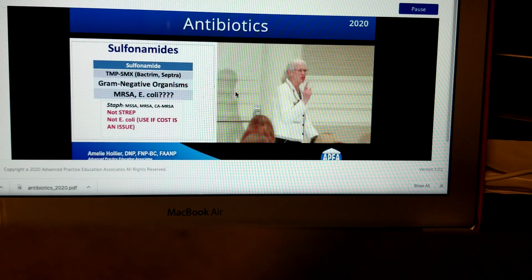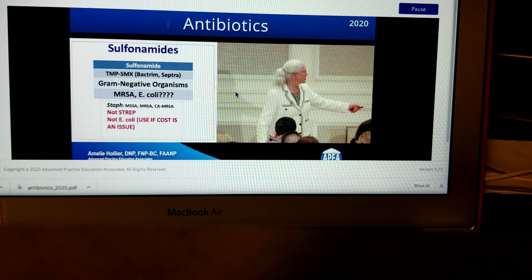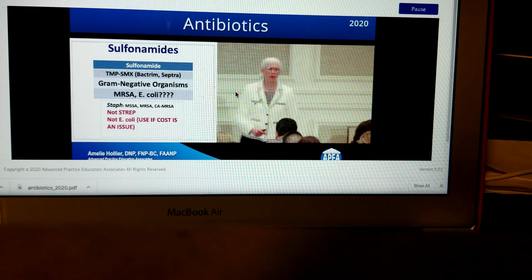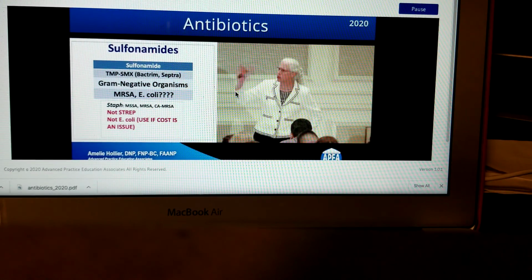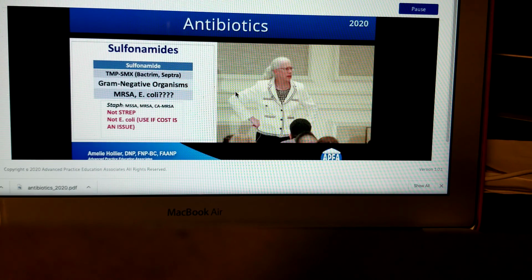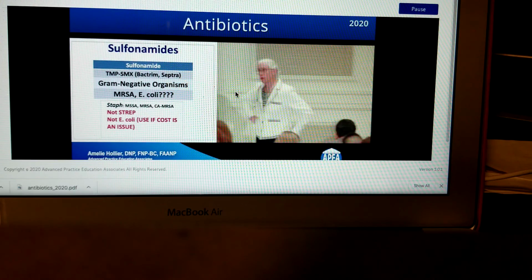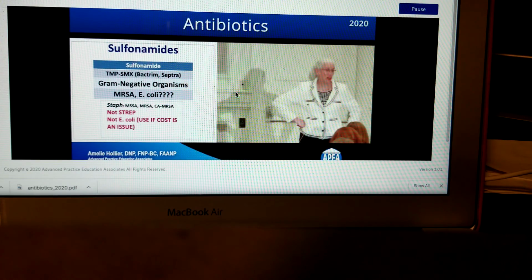Why else do we use a drug like Bactrim? Well, it kills some gram-negative organisms, which is why we use it, and we have used it so much for urinary tract infections. And the most common urinary tract pathogen is what? E. coli. Well, unfortunately, we've used so much Bactrim to treat UTIs that we got a load of Bactrim-resistant E. coli.